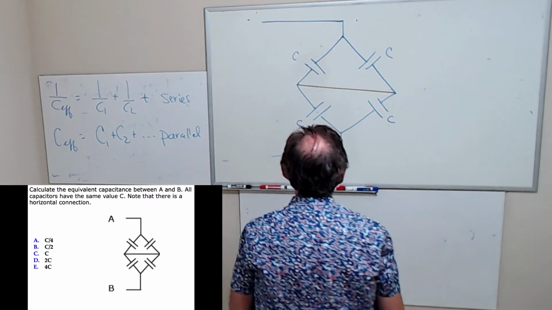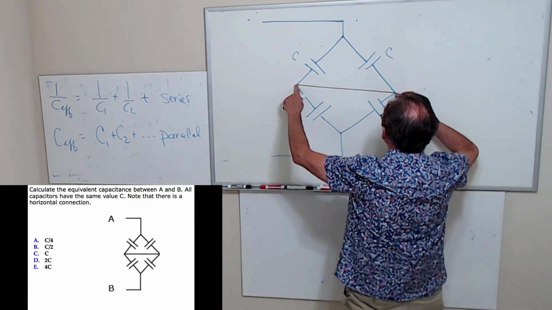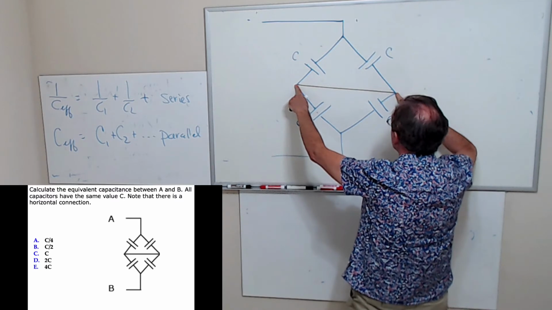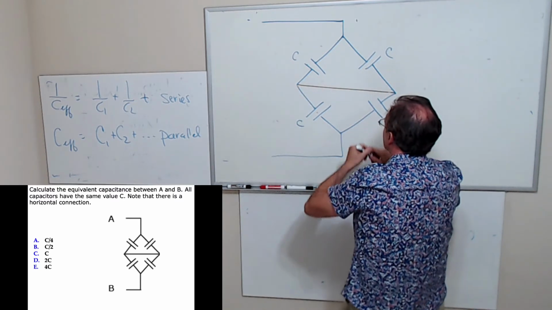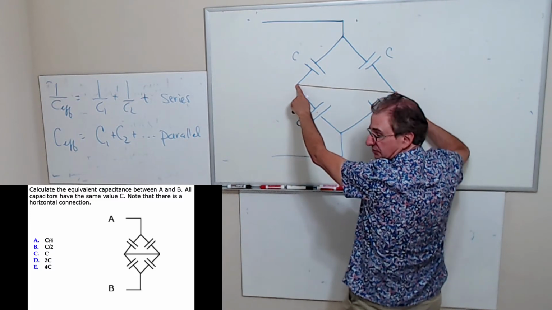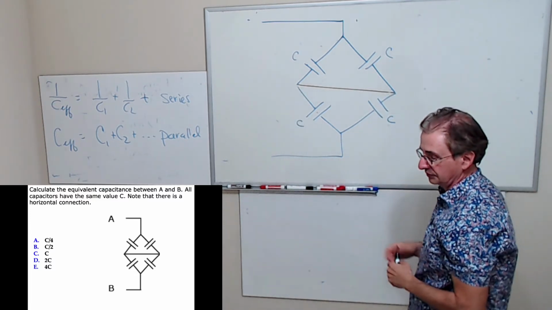So I guess the first question is, when I connect these two points together, basically what I've done is put a wire between these two points. This point and this point are essentially at the same potential because I connected them together. It's a conductor, right?